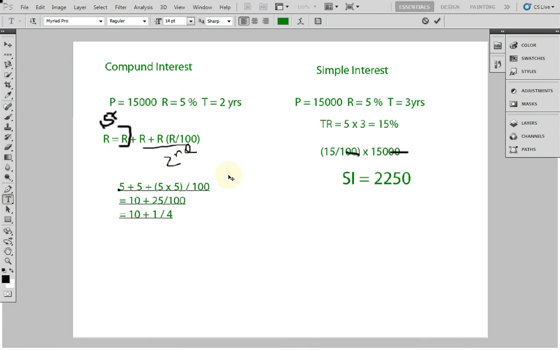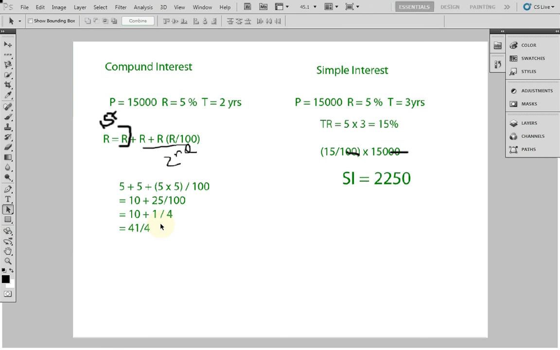For the LCM, it's 4, so 41 by 4. Did you get it?